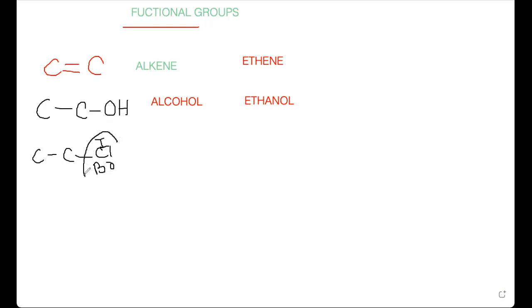So you can see when you have any halogen group attached, we usually show halogen with X. X means any halogen. It could be chlorine, bromine, or iodine.